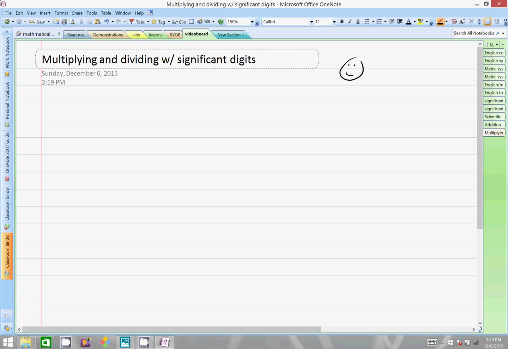In any mathematical process you're running, you always want to be aware that your least accurate value will control the accuracy.